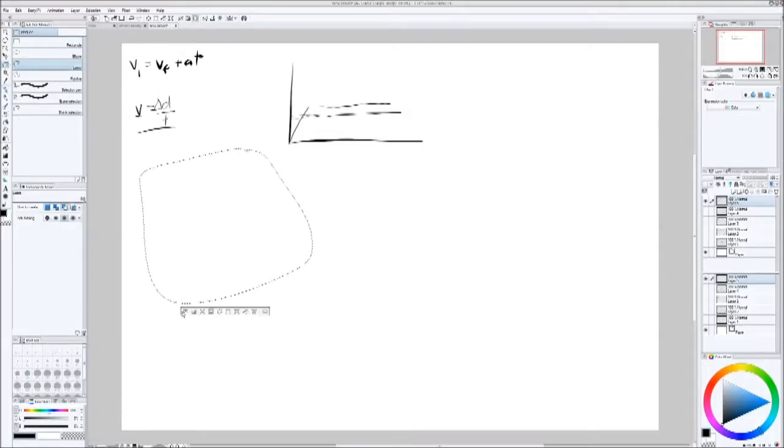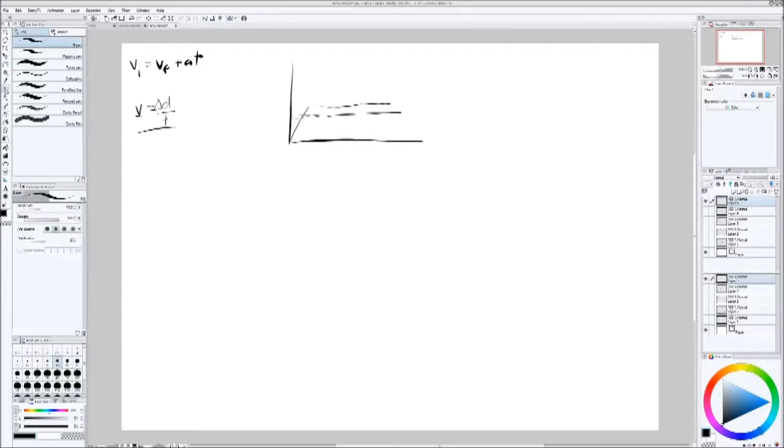We'll get rid of that. So if we use the same logic, we have the initial velocity plus the final velocity, all divided by 2, because we have 2 values here. That would be equal to the change in distance over time.